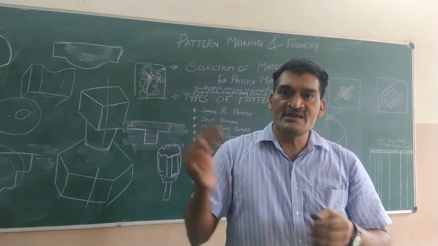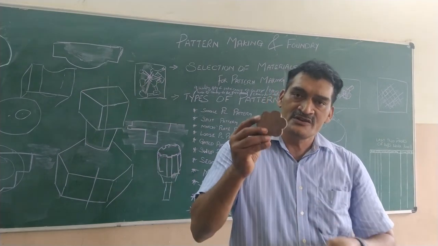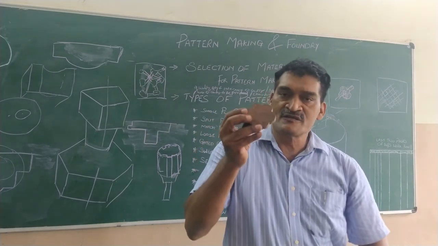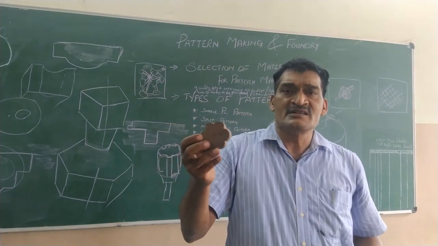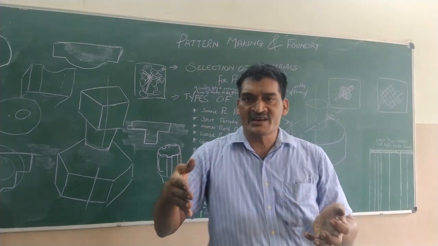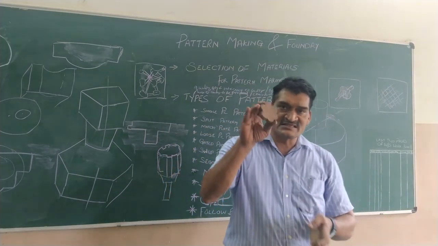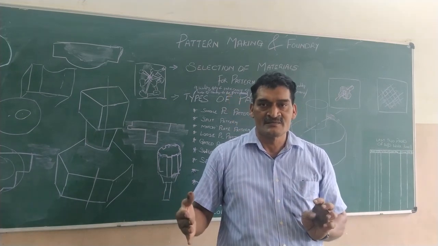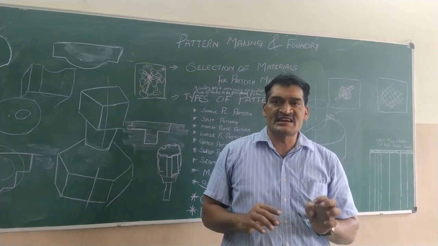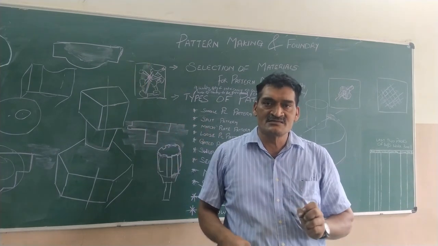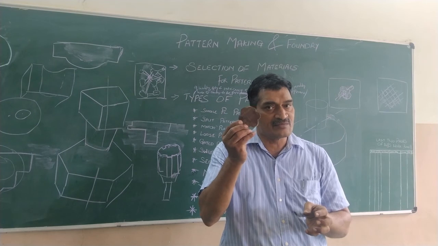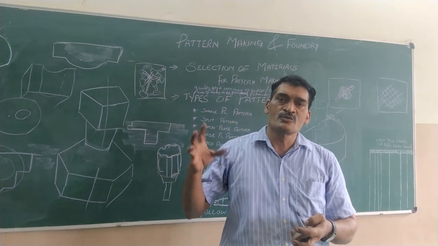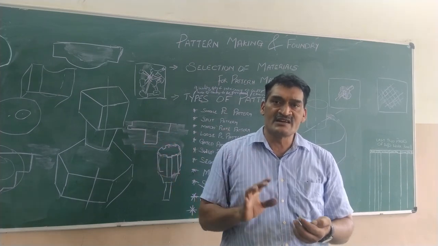Now, this metal will also be durable, or you can use it n number of times. So, if you make it of wood, let's say you want to make 100 pieces of castings using one pattern for this month. In 3 months' time, you want to make another 500 castings of the same type. In another 6 months' time, you want to make 500 more pieces.